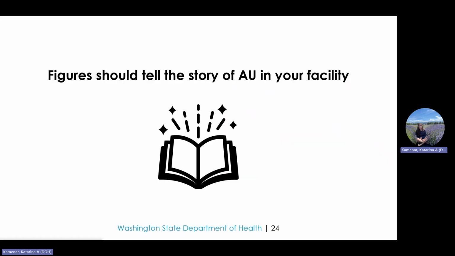When you report on antimicrobial use data and resistance to your staff, I recommend figures to tell the story of antibiotic use in your facility. So you really want to make a point with each figure you show to your facility, highlighting where you need to go with your program, where problem areas are, or where success stories are.